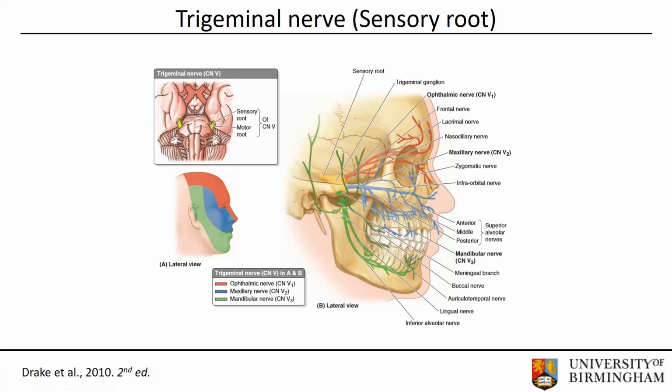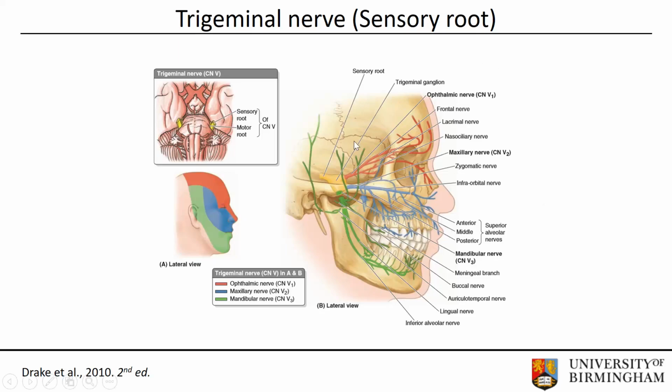The trigeminal nerve, as we know, is the main general sensory nerve for the face, as we can see in this image, and it also innervates the teeth, the mouth, the nasal cavity, dura mater of the cranial cavity, and the sensory root of the trigeminal nerve is composed mainly by central processes of neurons in the trigeminal ganglion.